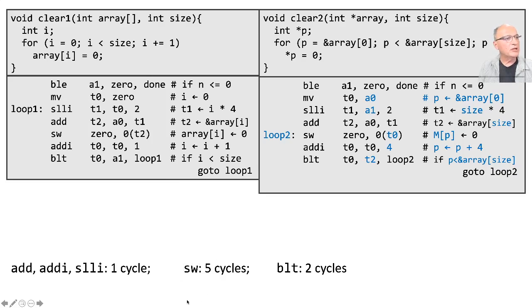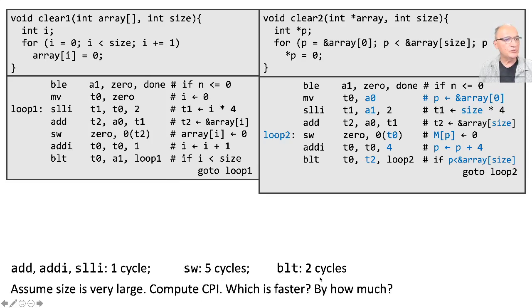My store word is 5 cycles, and my branch less than is 2 cycles. So with this assumption, and then we're going to assume that the size is very large, which means that the number of times that I execute the loop is much larger than the single time that I execute the instructions that are outside of the loop. The question now is, which of these two versions of the code is faster and by how much?